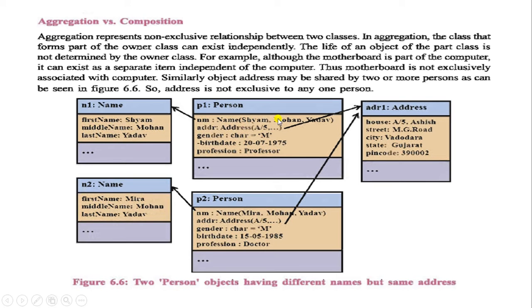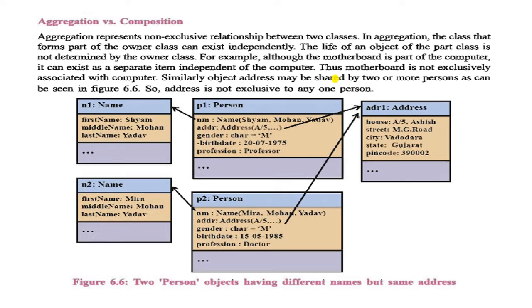Now come to the example of aggregation and composition. Aggregation represents a non-exclusive relationship between two classes. In aggregation, the class that forms part of the owner class can exist independently. The life of the object of the part class is not determined by the owner class.